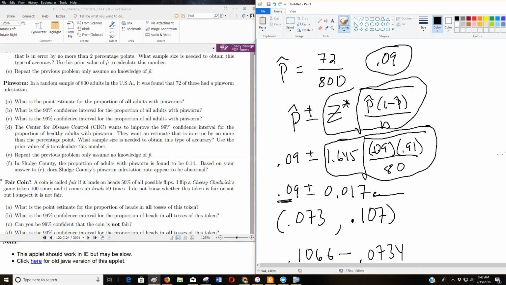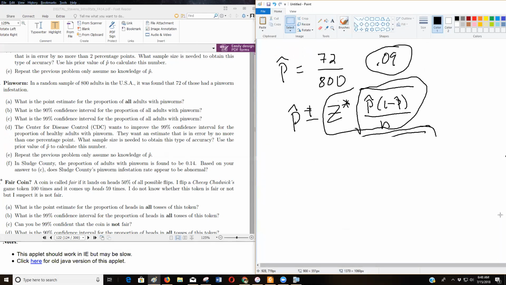Let me get rid of this. Okay, so still 9%. We still have that point estimate at 9%.